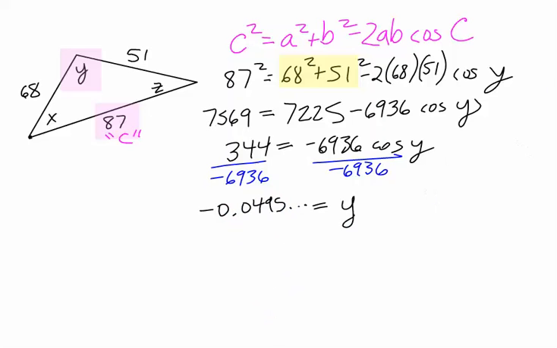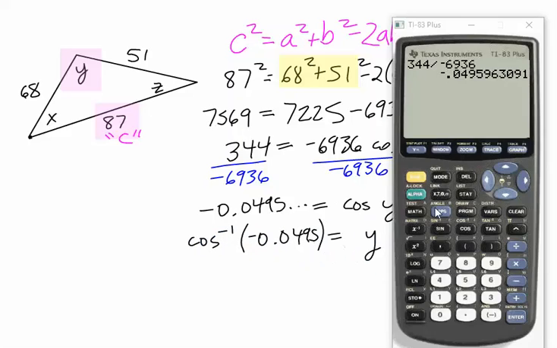But that's not just y, so be careful on that. Sometimes people will make that error. That's the cosine of y. If we want y by itself, we have to take the inverse cosine of that answer. And when we go to our calculator, we take the inverse cosine of that previous answer, and it's going to be 92.84 degrees.